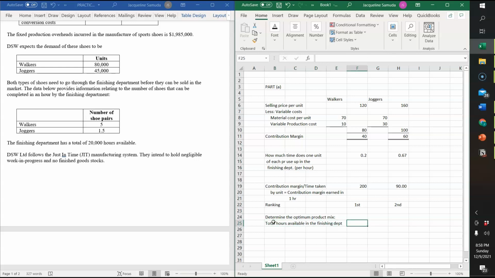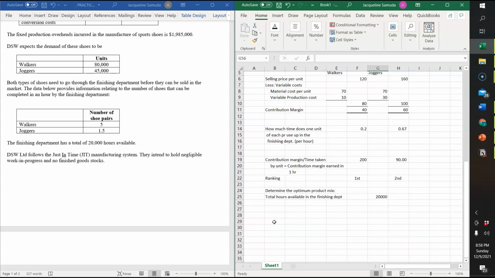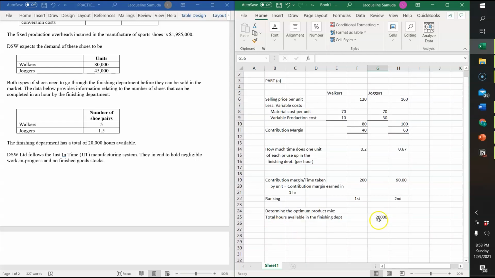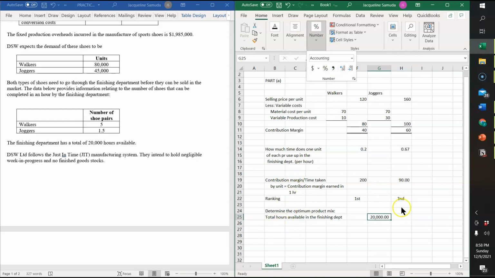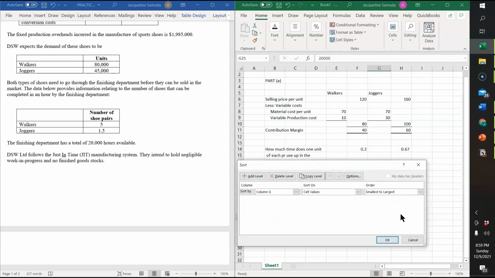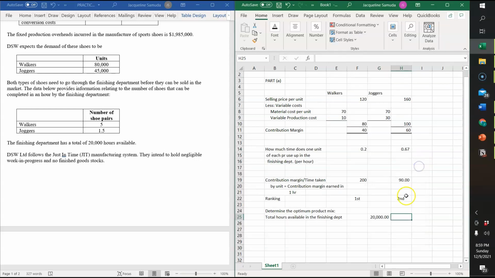And that came to 20,000 hours. Let me change that to show the comma. So this is hours. So 20,000 hours are available.